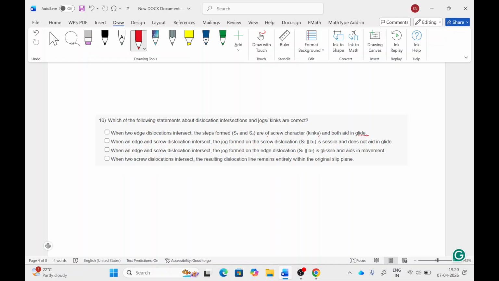Add in glide means they are in plane, and the glide because in this same plane they are the primary glide plane.